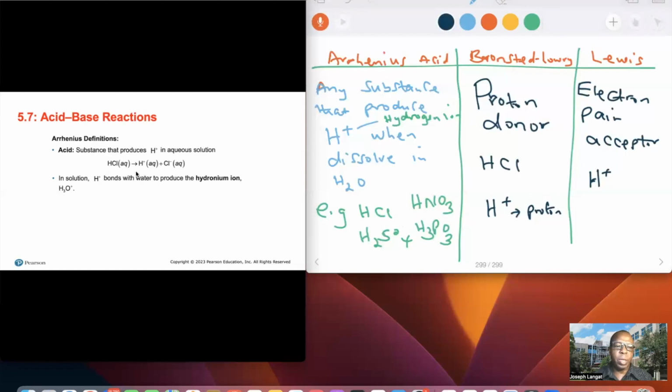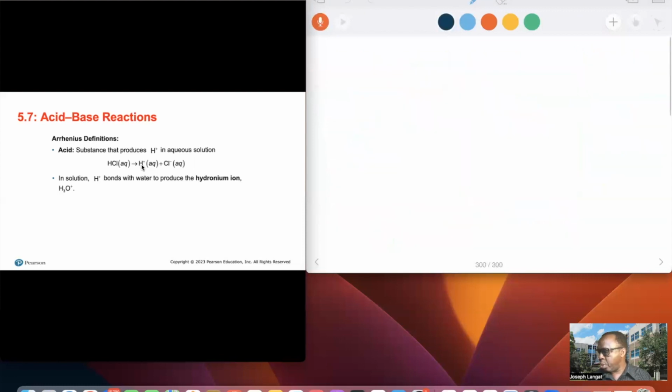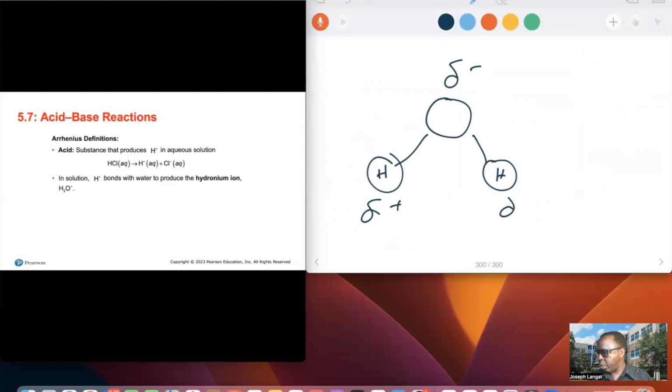So if you look at the HCl here, it can produce hydrogen ion. This is called hydrogen ion or proton. However, it doesn't want to stay by itself in H2O. It gets attached to the water molecule. It has this shape with partially negative and partially positive terminals of the molecule.